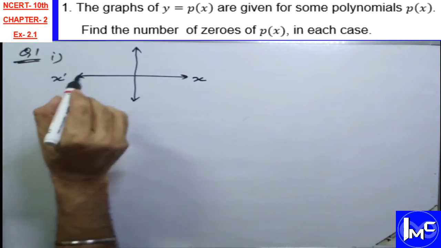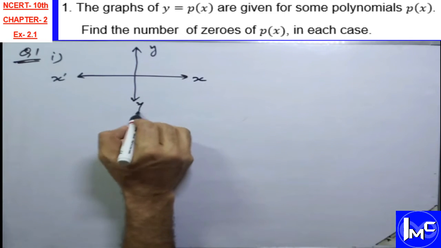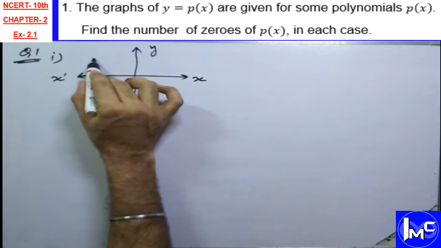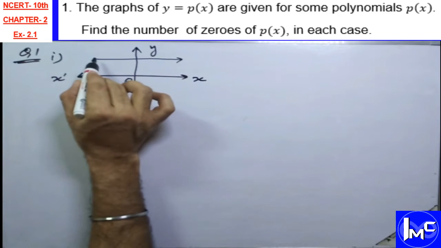X, X dash, Y, Y dash, this is 0, and this is the graph of a polynomial.